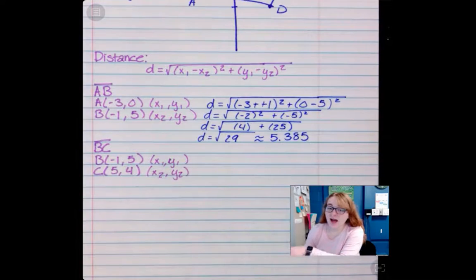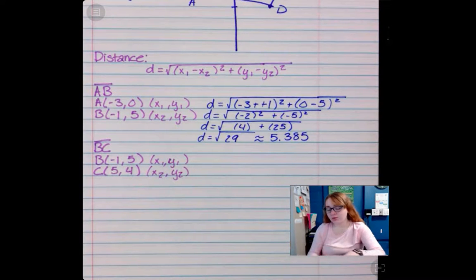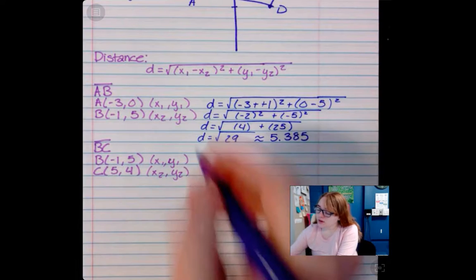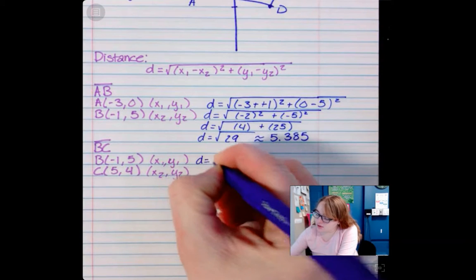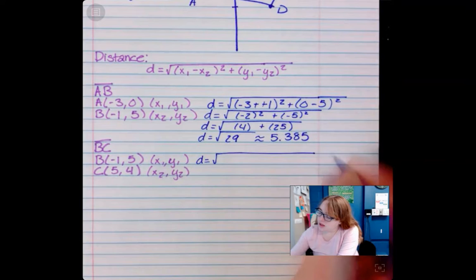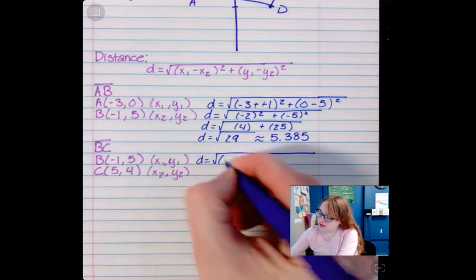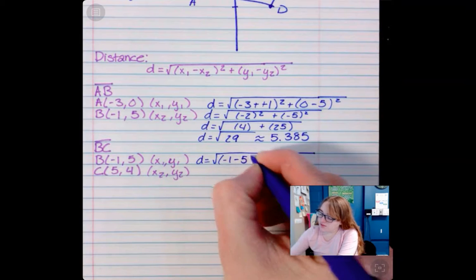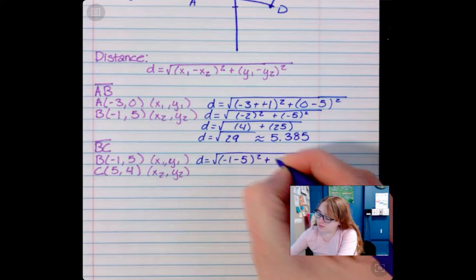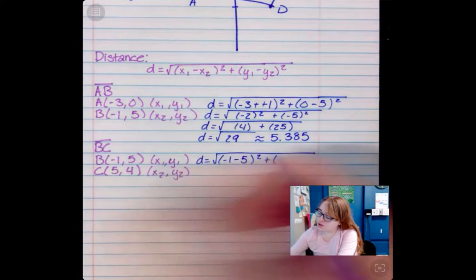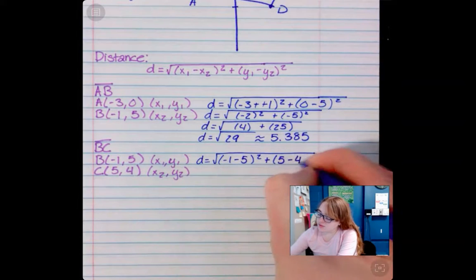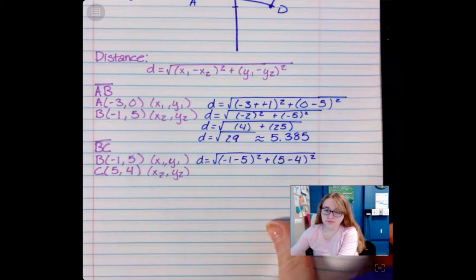Again, it does not matter what you pick. And then we're just going to plug in our numbers. So we have D is equal to the square root of our x1, which is -1, minus our x2, which is 5 squared, plus our y1, which is 5, minus our y2, which is 4 squared.